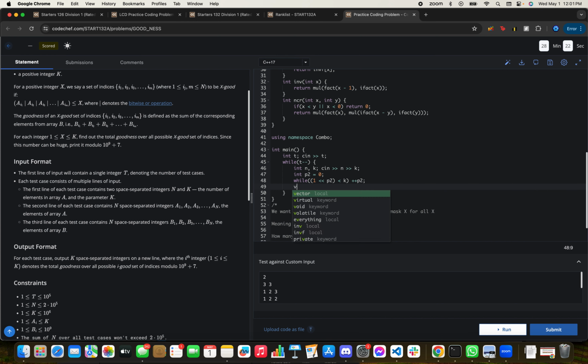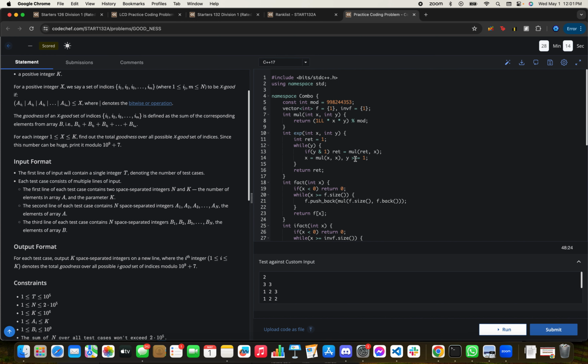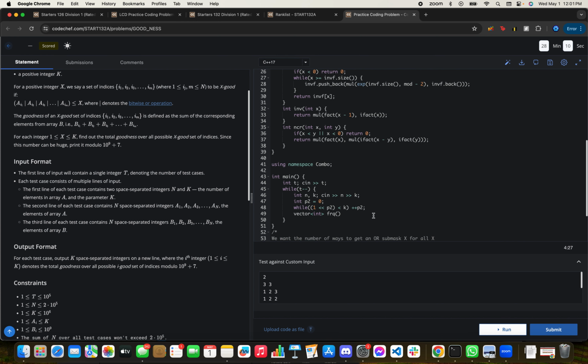Alright, so now you want the sum, right? So this is the correct mod. You want 49 plus 7, right? Okay.